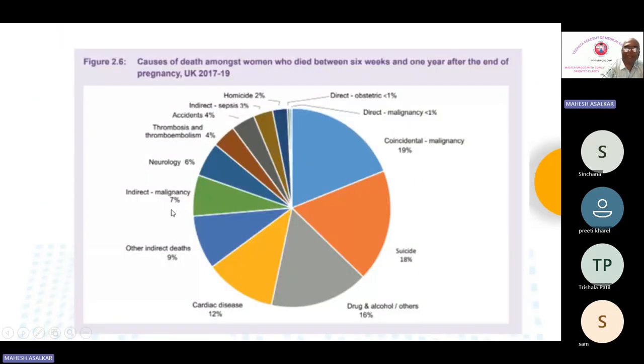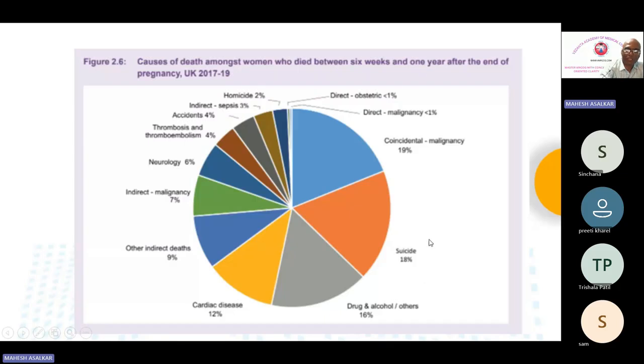You will find that the highest is 19%, coincidental malignancy. Coincidental means even if the patient would not have been pregnant, that malignancy would have been present, and she would have died. So this cause is 19% between 6 weeks and 1 year.